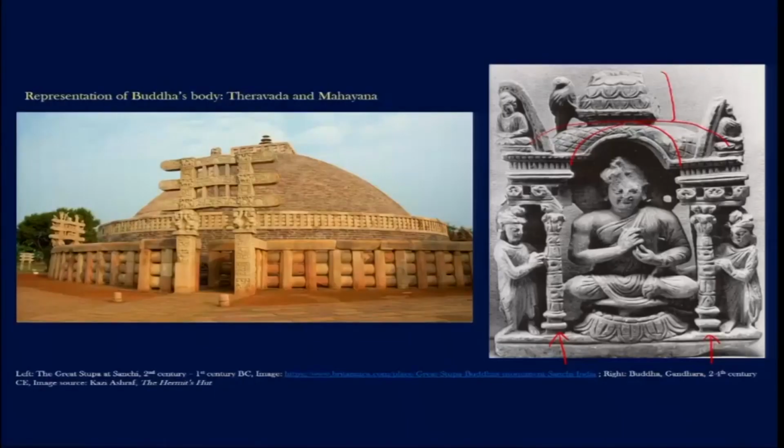So here we have the figure of Buddha as well as the archway, which came to represent this new development in Buddha's body after his enlightenment. These are some of the ways in which Buddha's body is represented in both Theravada and Mahayana Buddhism, and how this figurative narration as well as the symbolic representation became much more complicated with time and with all these underlying ideas.